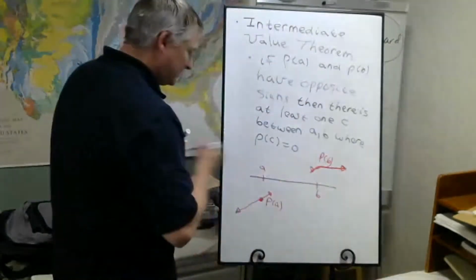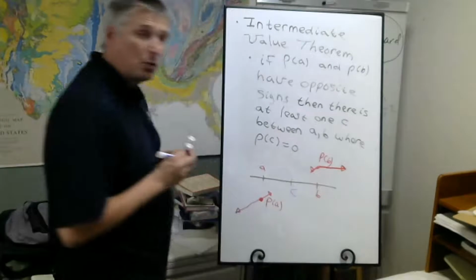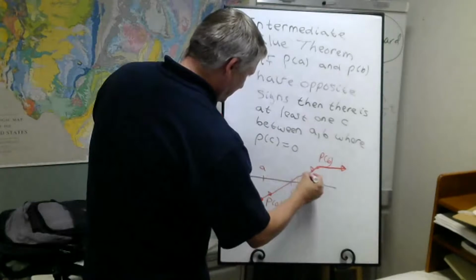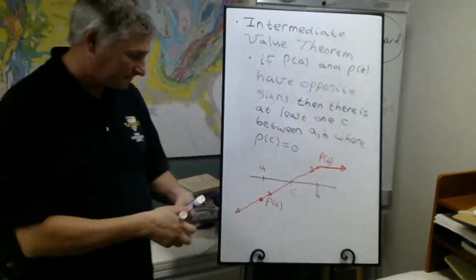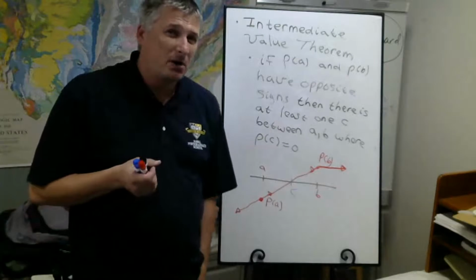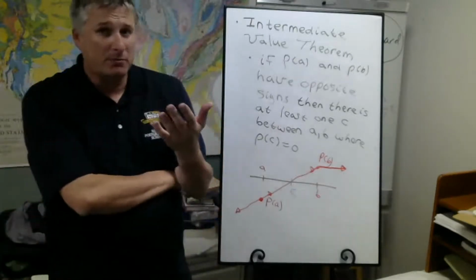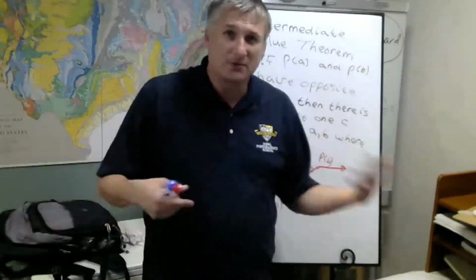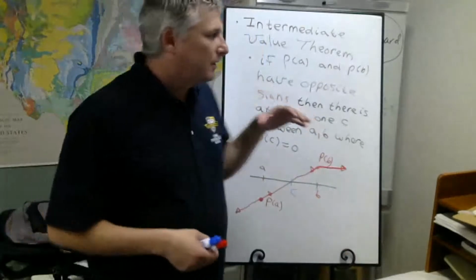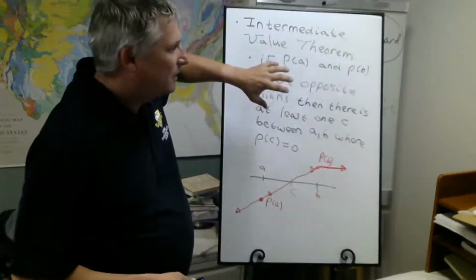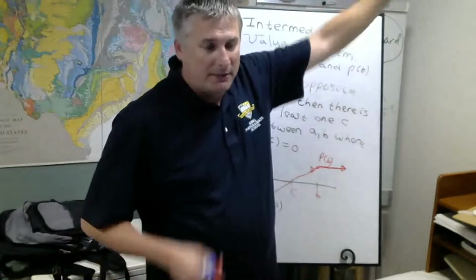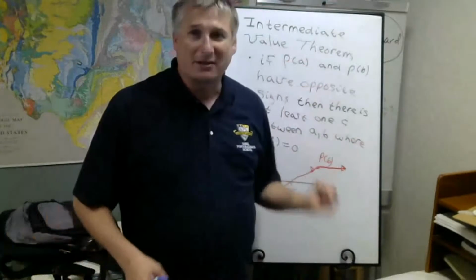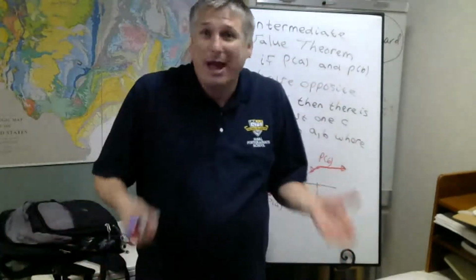So there's some point C, at least one, there could be more, where the polynomial is crossing the x-axis. So when you're drawing your polynomial, if you're, for example, experimenting with points, let's say you just come up with some inputs, compute some outputs, and plot the input versus output. And you notice that you have some points below the x-axis and some points above the x-axis. And this is a polynomial. There's no gaps or jumps. That means there must be some x-intercept. And that's one way of telling that you do have an x-intercept.